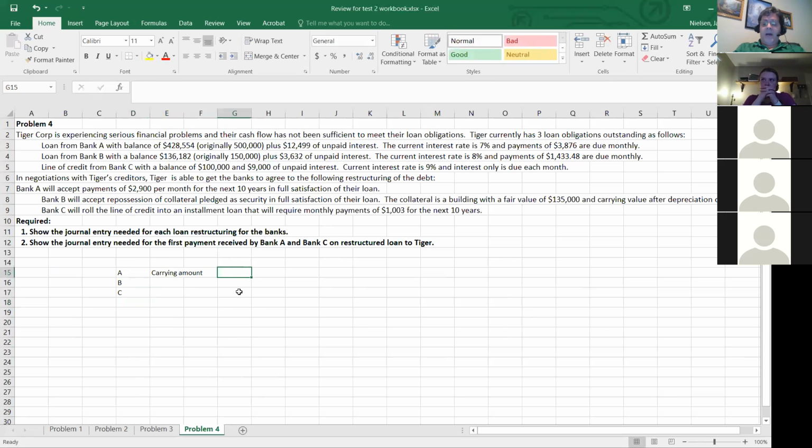So our carrying amount for A is going to be 428,554 plus 12,499. We don't need an amortization table or anything like that, like we had to do in our example or the homework. Actually, you didn't have to do that. I had done that for you, but as long as you know what balance is due on the loan, then that's the carrying amount.